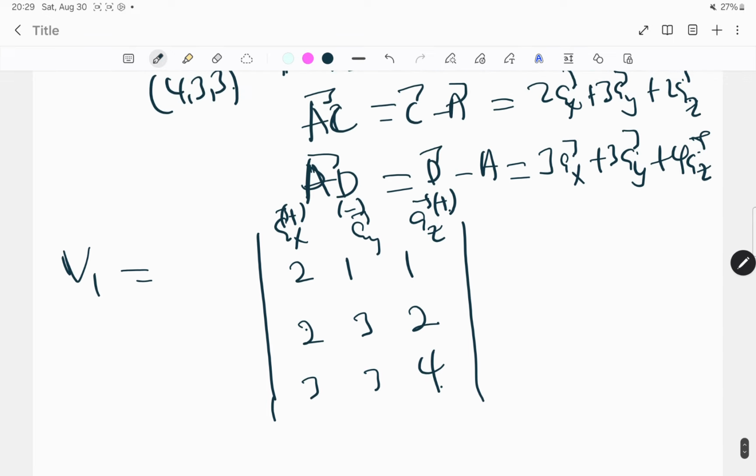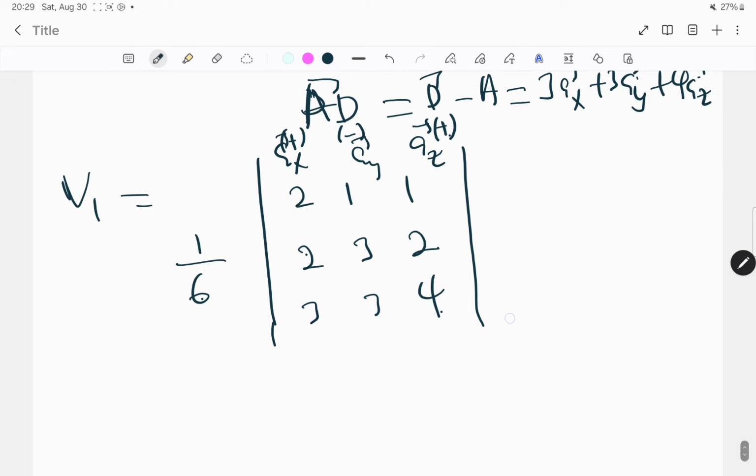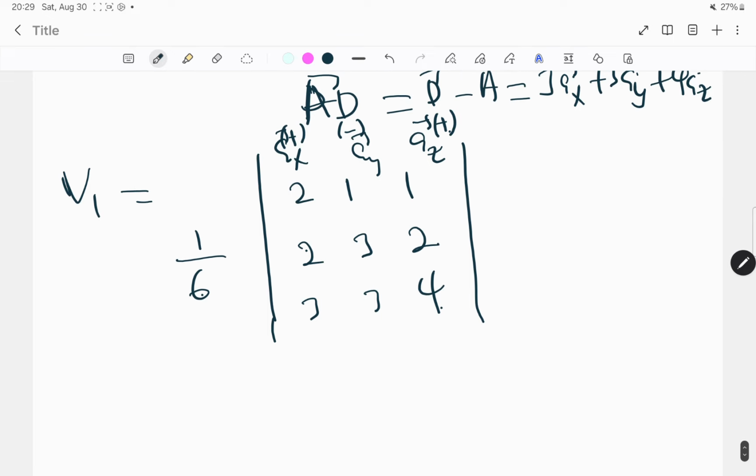Right. Now, based on this, I can bring my 1 over 6 here, so that once you get the whole matrix, after that you divide by 6, and you get this straightforward. We are trying to find the determinant, so you cancel the first column, first line, and you get 12.